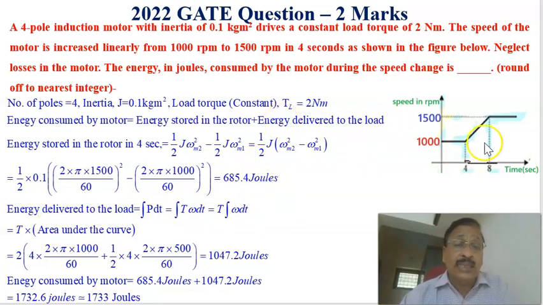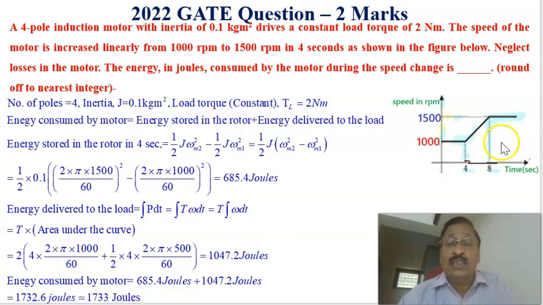In order to find the area, first we take this area, which is this time into this speed. Torque is 2, into 4, and the speed here is 1000 rpm.